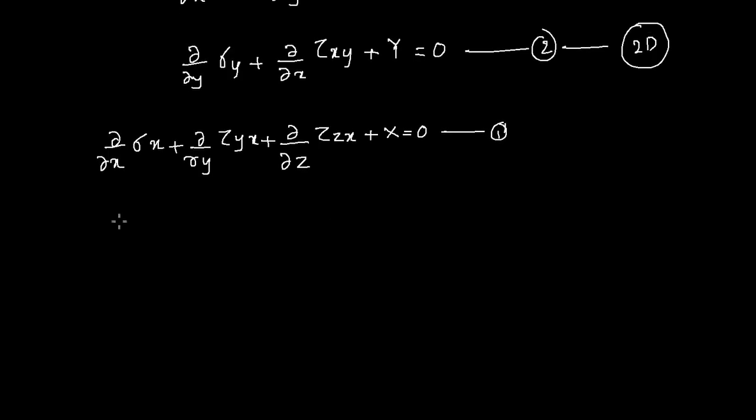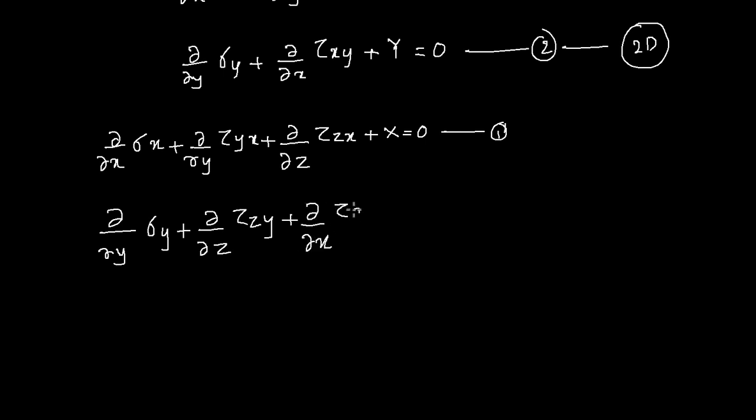And also you will have ∂ by ∂y of sigma y plus ∂ by ∂z of tau zy plus ∂ by ∂x of tau xy plus y equal to 0 for force equilibrium in the y direction.